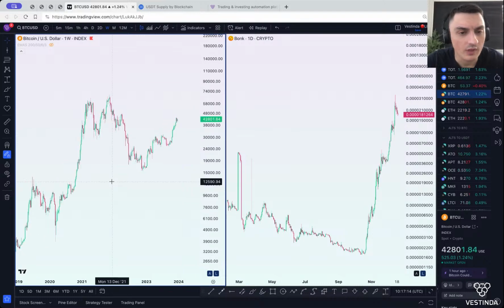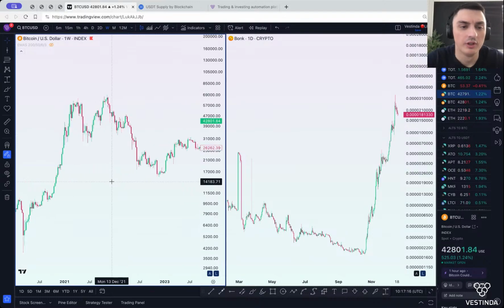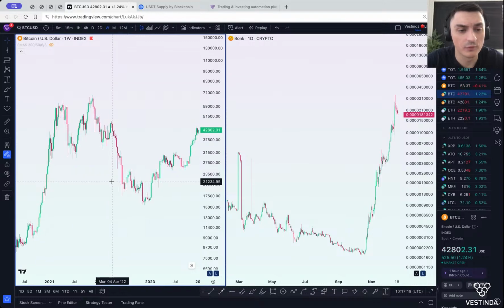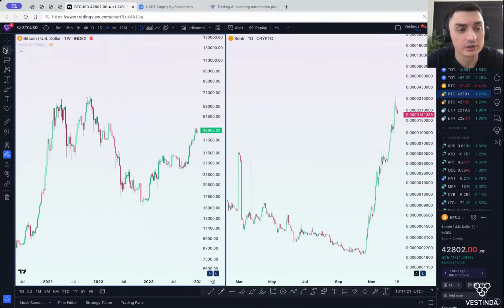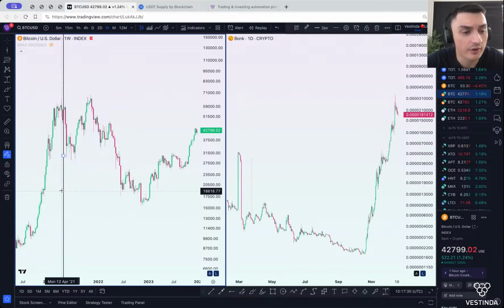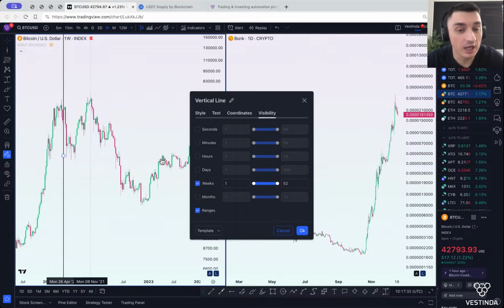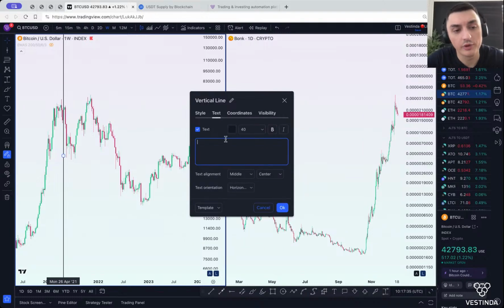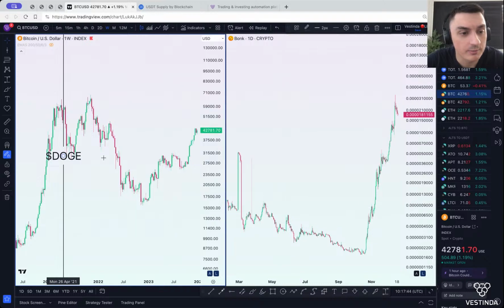If we open other meme coins in previous timelines, we noticed that the pump of Dogecoin was in around May of 2021. So we had Dogecoin right about this point of the market.